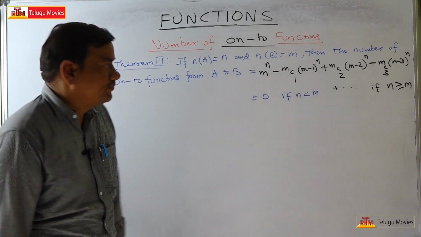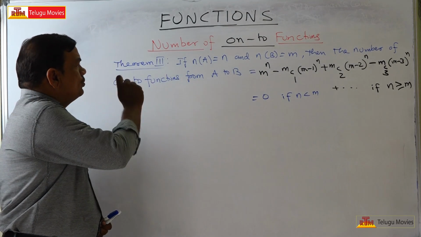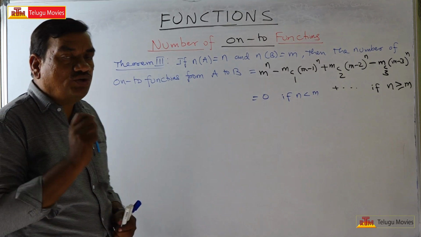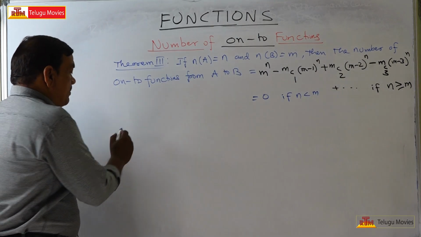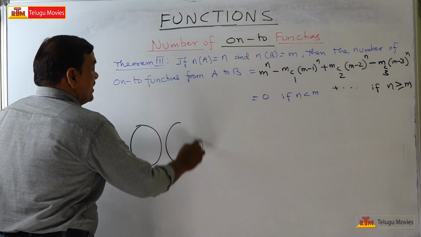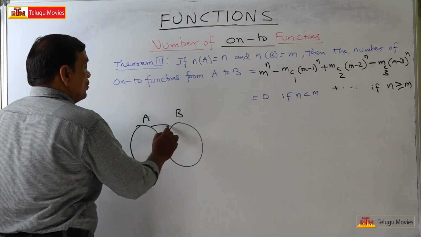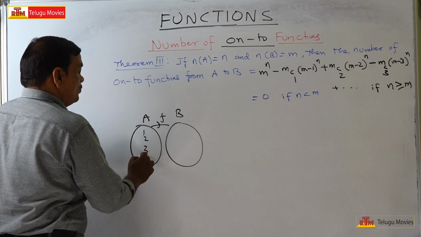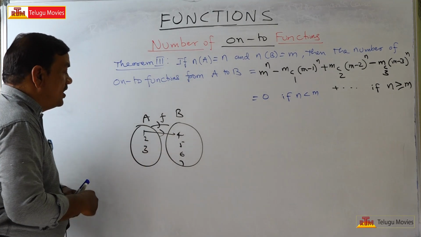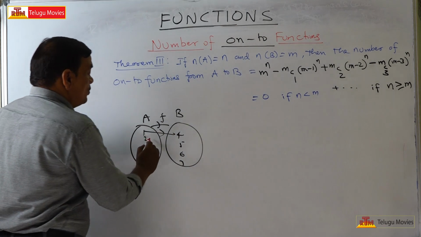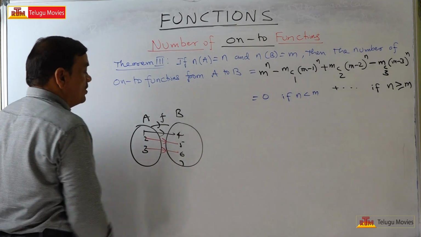Okay? Right. First thing, to know onto function, we should know into function. About into function also you should know. That means f is 1, 2, 3, 4, 5, 6, 7. 1 is mapped onto 4. Let us say that 2 is mapped onto 5, 3 is mapped onto 6.